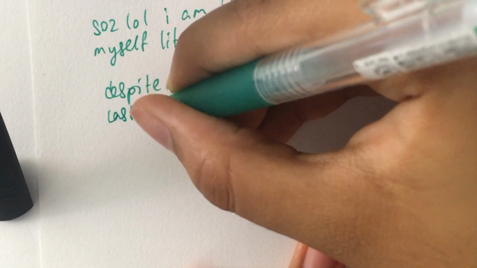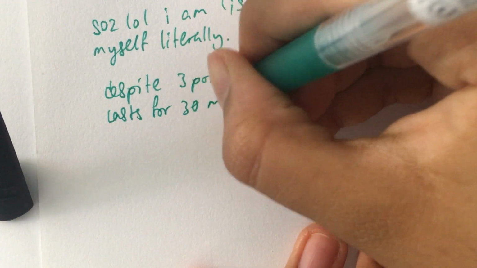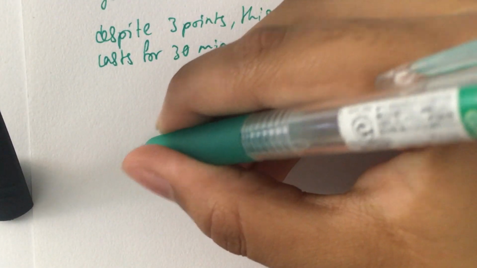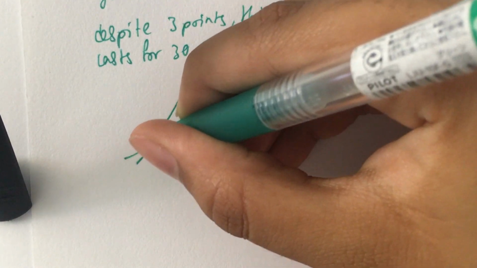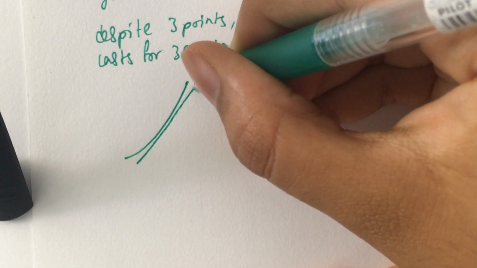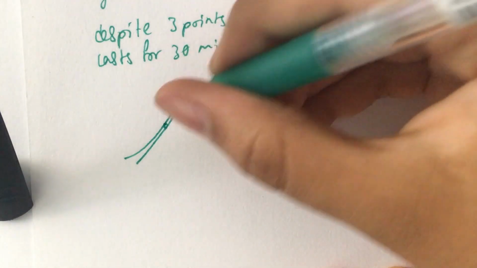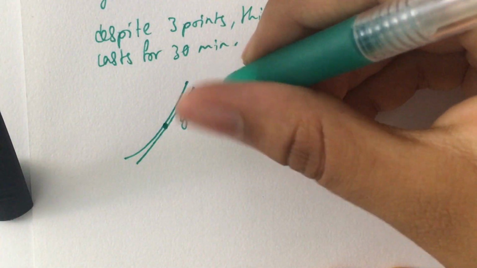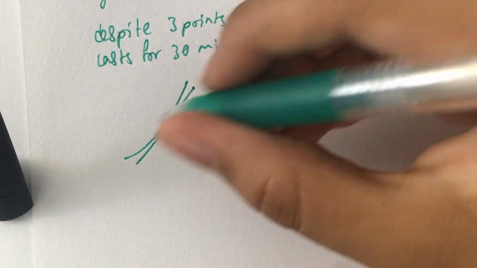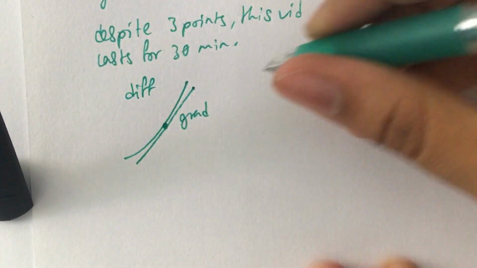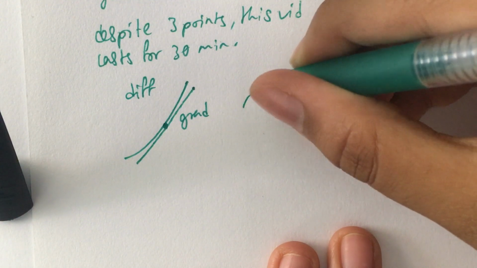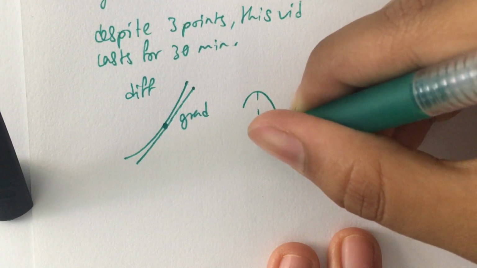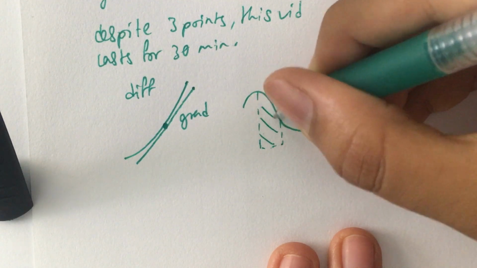You're trying to find the gradient of the graph at a particular point, or at any point, which is usually what you're looking at, the general differentiation equation in a sense. And for integration, you're trying to find the area under the graph, but that will only work if you're doing a definite integral, which is in the next episode.